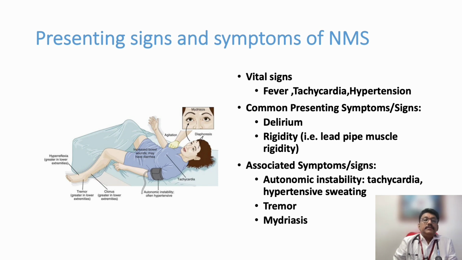They resemble tetanus patients. They have generalized rigidity, fever, tachycardia, hypotension, delirium, lead pipe muscle rigidity, autonomic instability, tremors, mydriasis. All these things are similar to tetanus. Only thing, the patient will have altered behavior here. Delirium is a classical feature which differentiates tetanus from NMS.